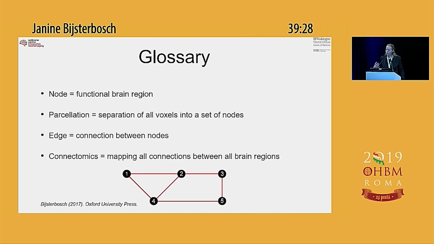So we saw some of these concepts already in the introductory talk today, and mainly what I'm going to focus on is how do we take the entire brain and how do we parcellate that into a number of brain regions, because typically we go on the assumption that functional regions extend beyond the size of just an individual voxel.